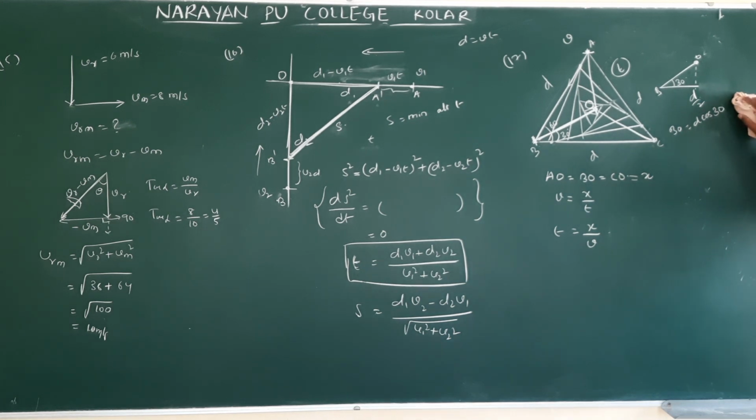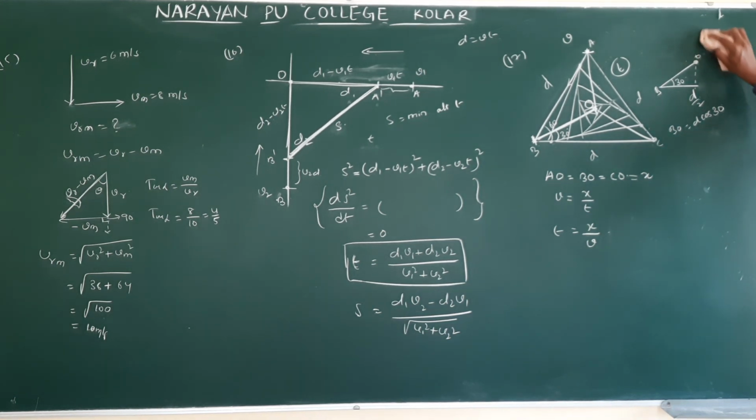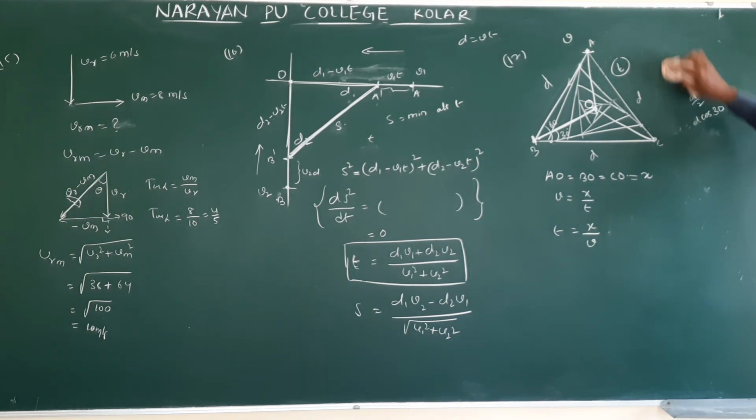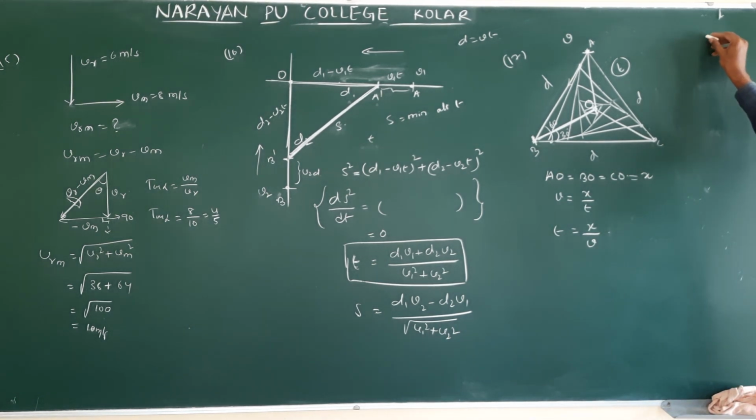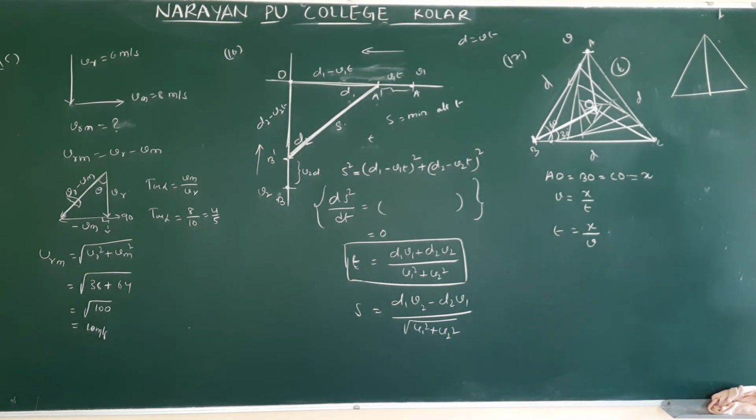Okay, instead of this we will follow a different method. See, we know that if this is an equilateral triangle, this length is root 3 by 2 d, if the triangle side is d. This is the centroid. The centroid cuts this length in a 2:1 ratio.